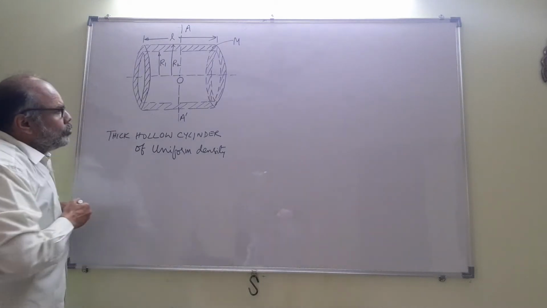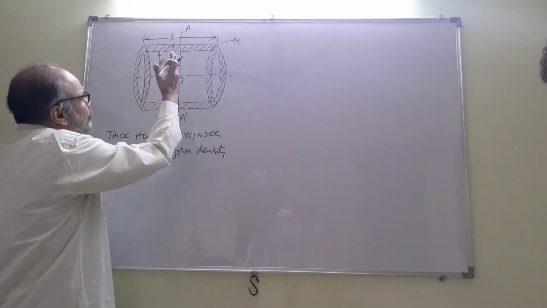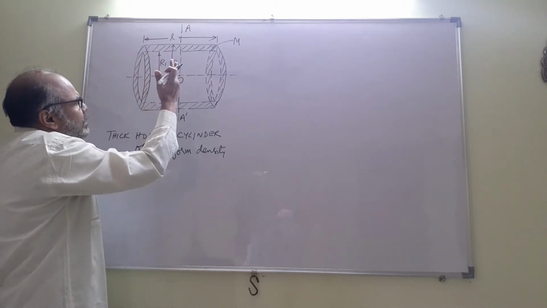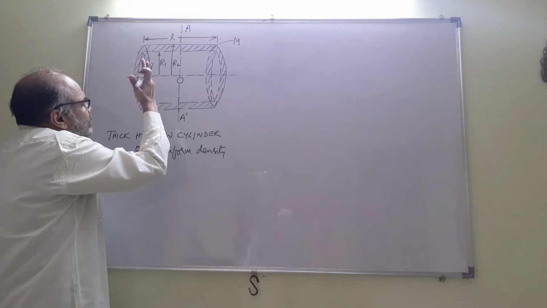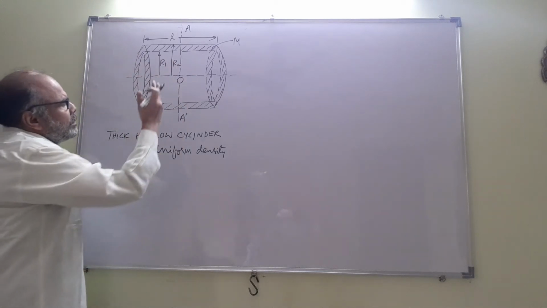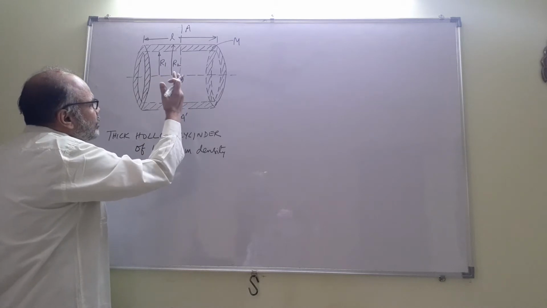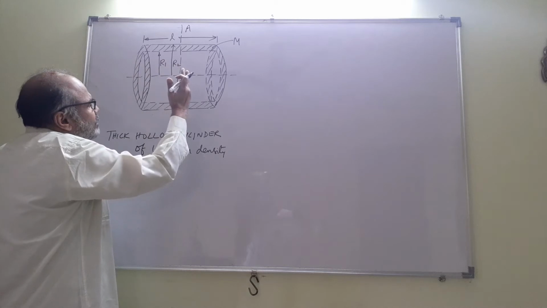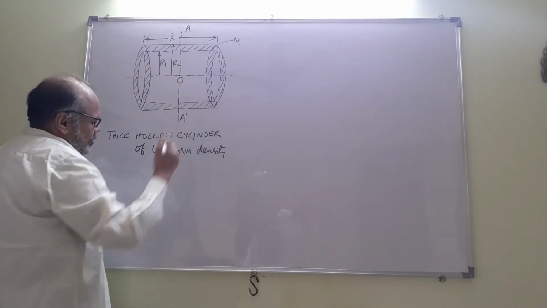So what we shall basically do is divide this cylinder, cut this cylinder into slices, annular discs. We will cut this cylinder into several thin annular discs.